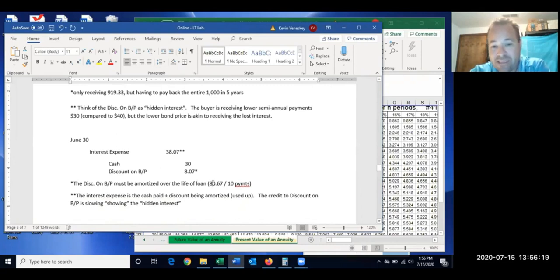So when I do that, if I take the $80 difference and divide it by 10 payments, because we're having 10 interest payments, that's $8.07. So these two together, my interest expense isn't just 30, it's 30 plus a little bit of that 80.